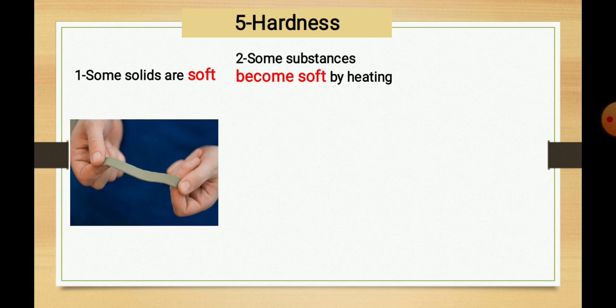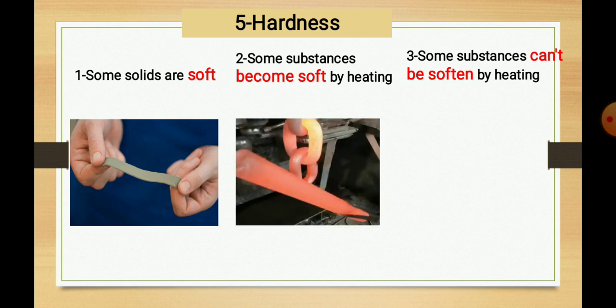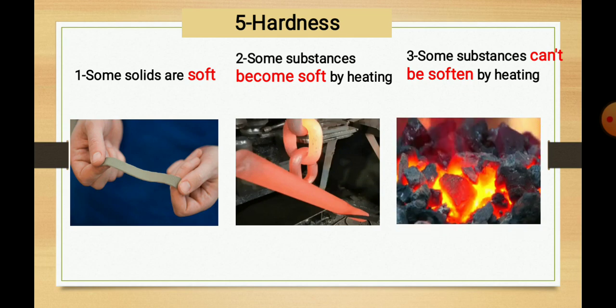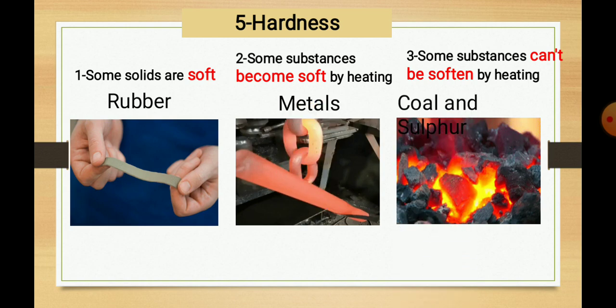Number two, solid substances that become soft by heating to be shaped easily. And finally, solid substances that can't be softened by heating. For example, number one, rubber; number two, metals; and finally, coal and sulfur.